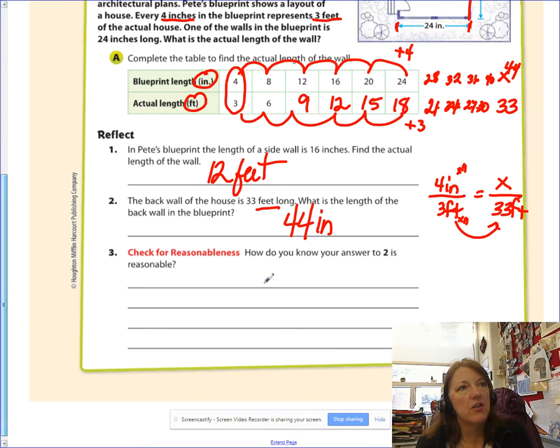Now it says, how do you know my answer is reasonable? Well, as I start here, I can basically see that it should be increasing. I notice that to get from 3 feet, I multiplied by 11.